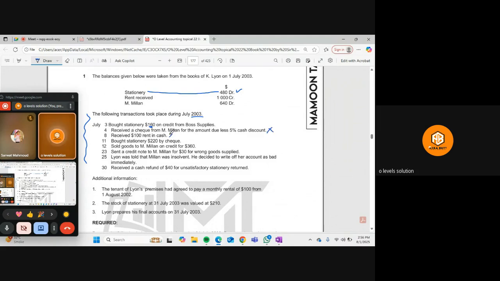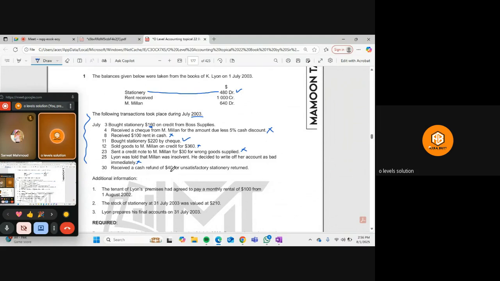Received, and this is again not related to stationery account. Bought stationery 220 by check. Yes, this we will be writing. And sold goods to M Millen. This is again not related to stationery account. Sent a credit note. This is again not related to stationery account.